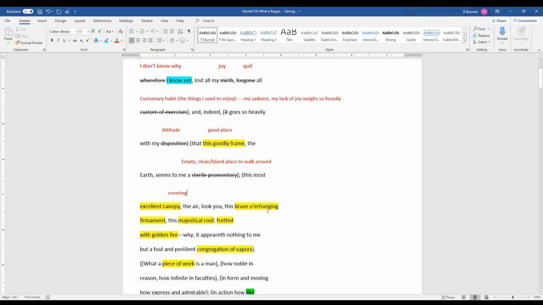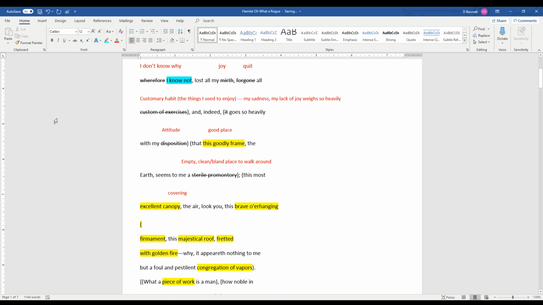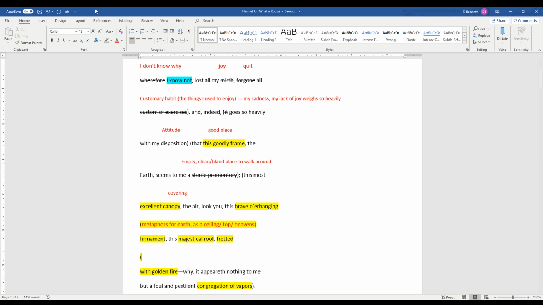This brave, overhanging firmament, this majestical roof, fretted with golden fire. These are all just a series of metaphors for Earth as a ceiling, a top, so like the heavens, the majestical, because he says the roof, the firmament, and then of course you have fretted with golden fire, which would mean then the sun.